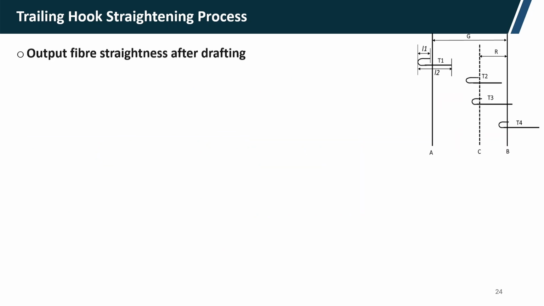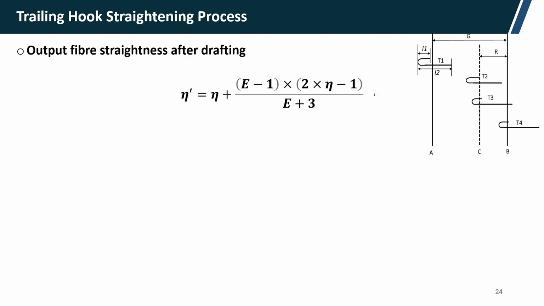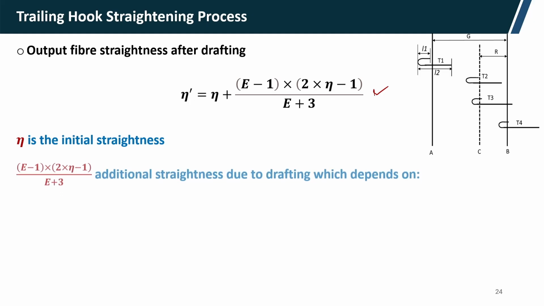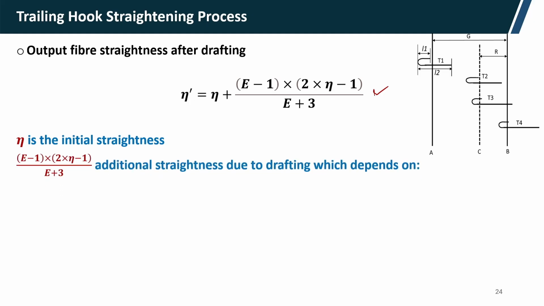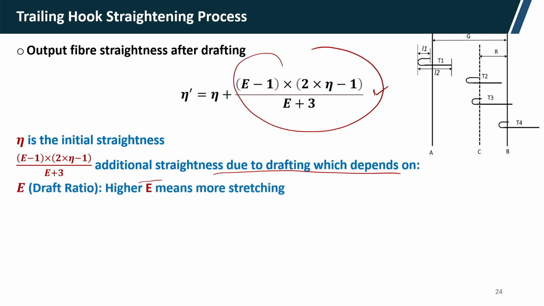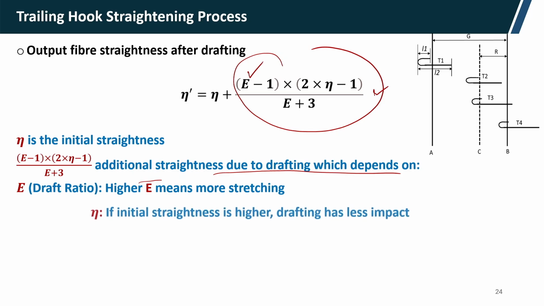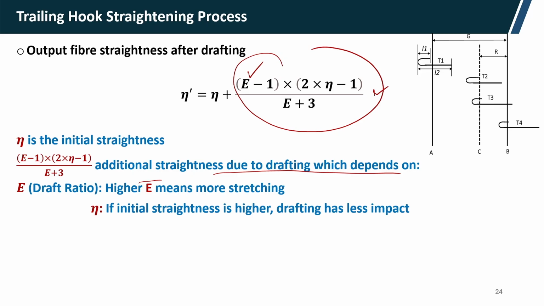Now, output fiber straightening after drafting: we can use this equation, where eta is the initial straightness, and there is an additional straightness due to drafting, which depends on the draft ratio. Higher the draft means more stretching.